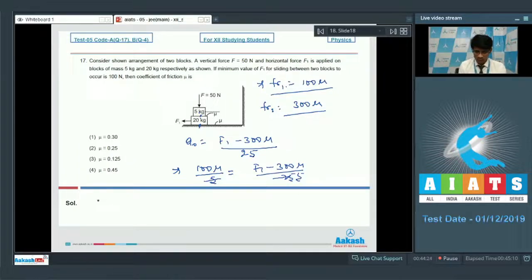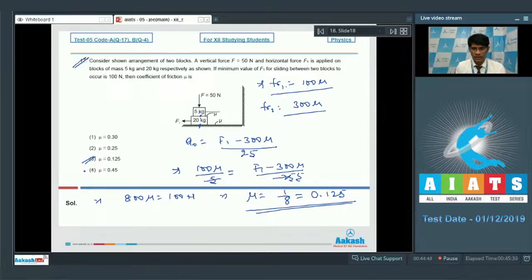This is 5, or I would say this is 500 plus 300, 800 mu is equal to F1, and the value of F1 to be given how much is it? 100 Newton. So should I say mu to be equal to 1 divided by 8, or I may say it is 0.125. That's the answer here. So for our question number 17, option 3 is the correct answer.